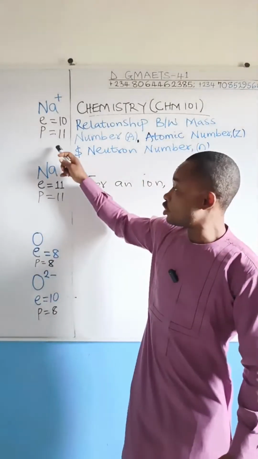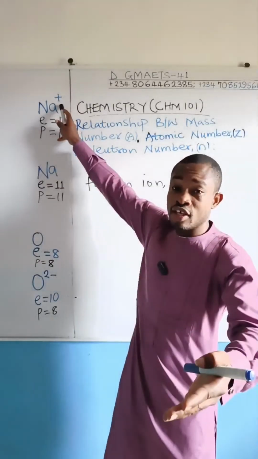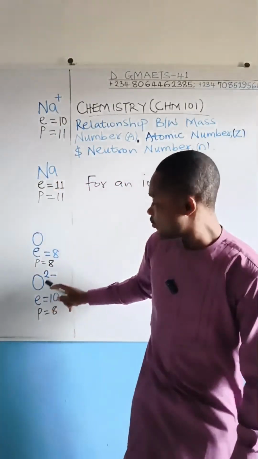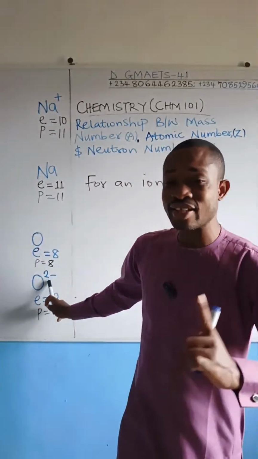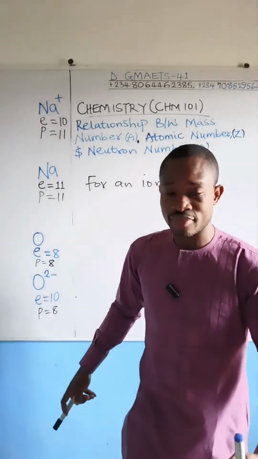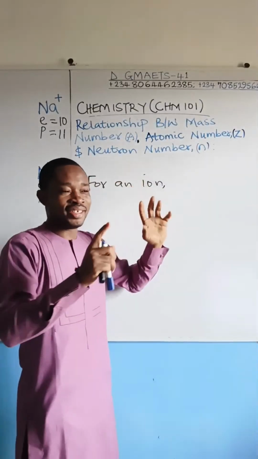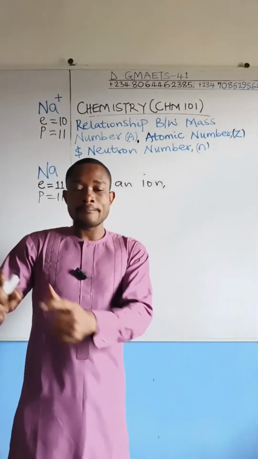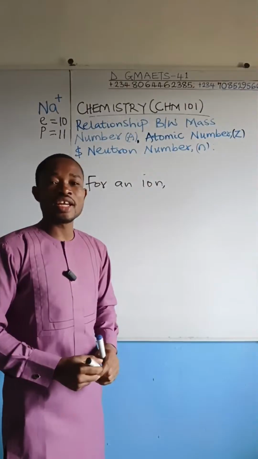Whenever the number of electrons decreases, where you have plus for the ion, that atom is a metal. Whenever the number of electrons increases, where you get negative in the ion, it means that that atom is a non-metal. So the number of electrons is not the same in an ion and in an atom of a particular element.